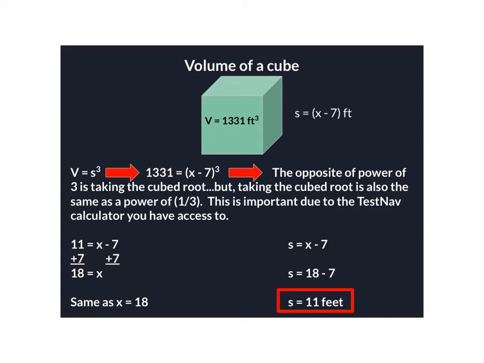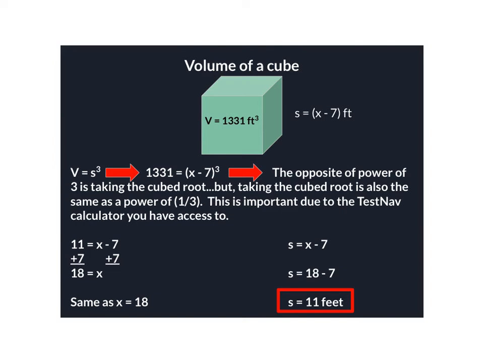We basically need to find one number that we can multiply by itself 3 times to get 1331. Start with 9, for example. 9 times 9 times 9 is 729, not what we need. If we go with 10, 10 times 10 times 10 gives us 1,000, so we're getting closer.